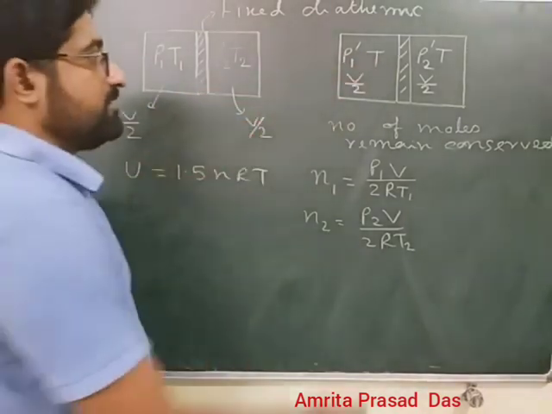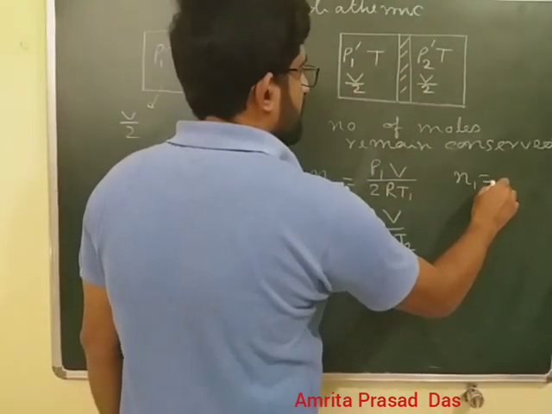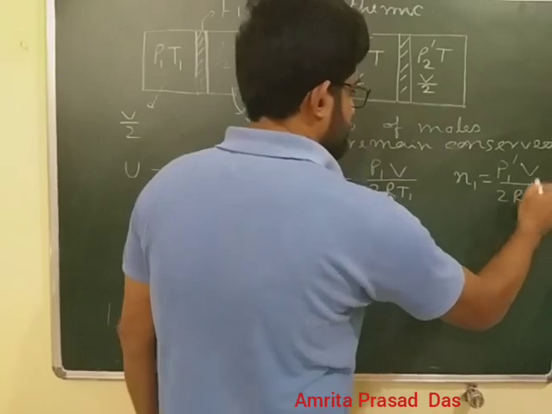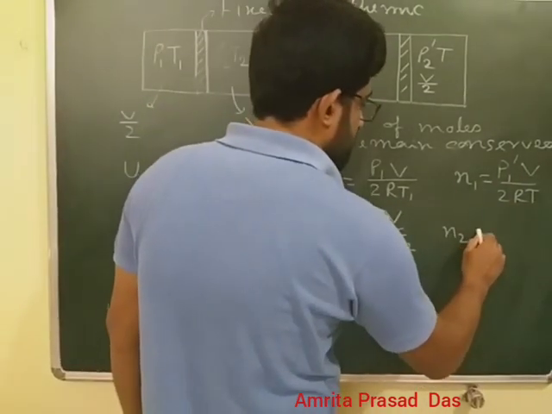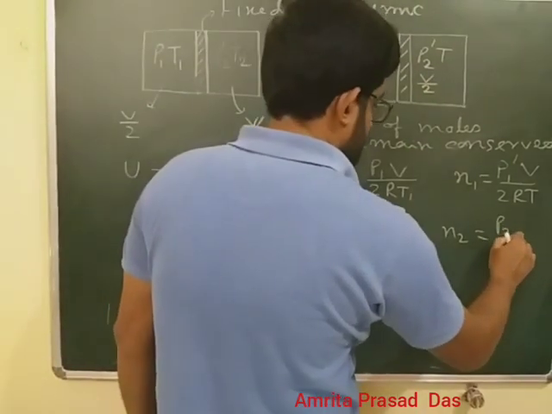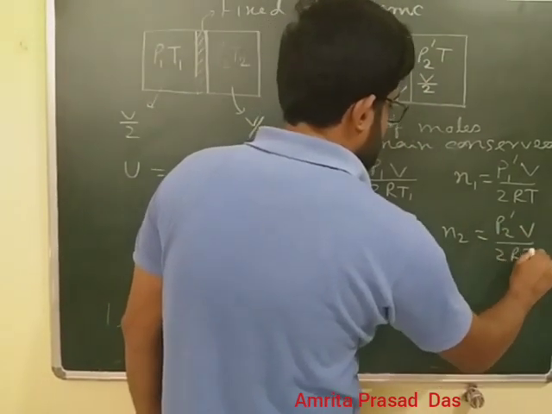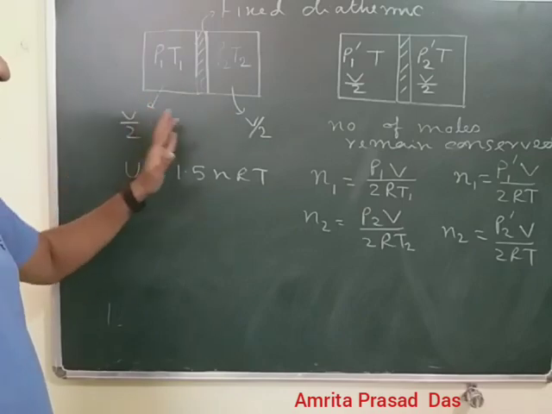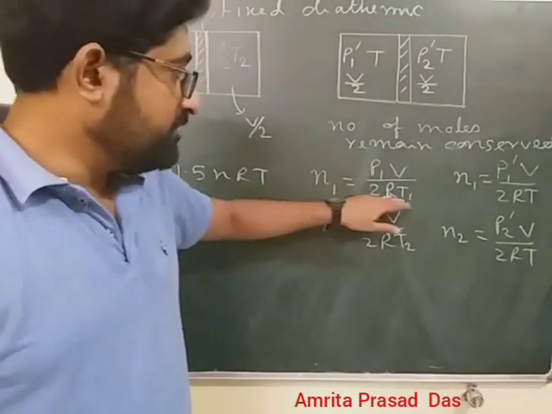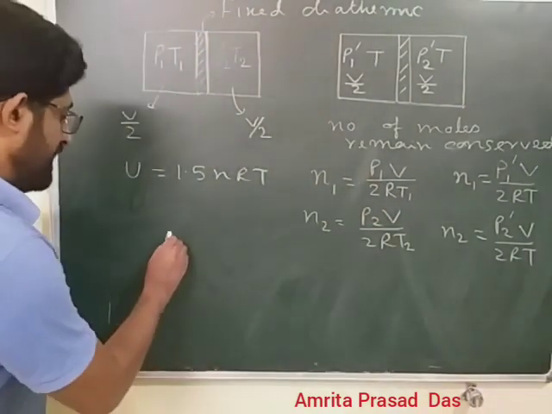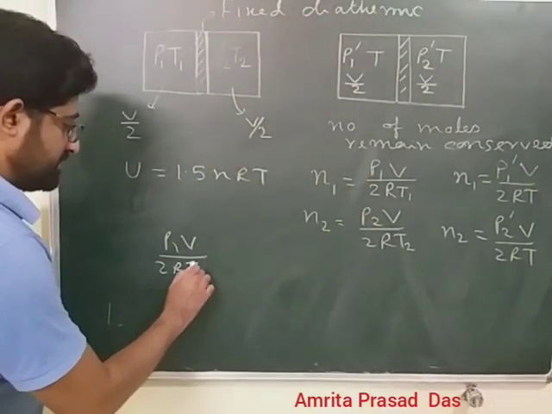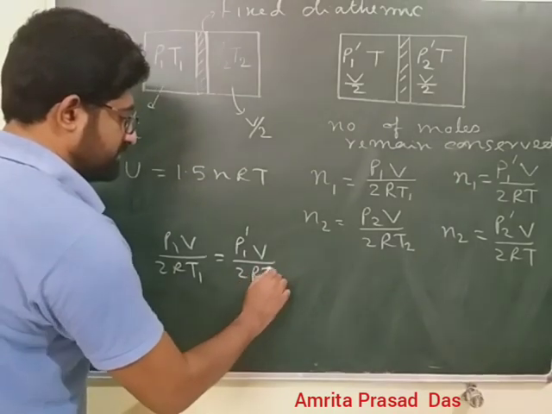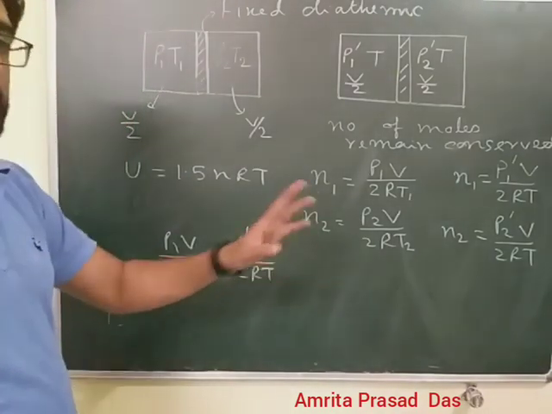Now, finally, here the number of moles N1 is equal to P1 dash V by 2 R T, and N2, the number of moles here, is equal to P2 dash V by 2 R T. As the number of moles on the right side as well as on the left side remains the same, we can see from these two equations that P1 V by 2R T1 is equal to P1 dash V by 2R T, where T is the final temperature.